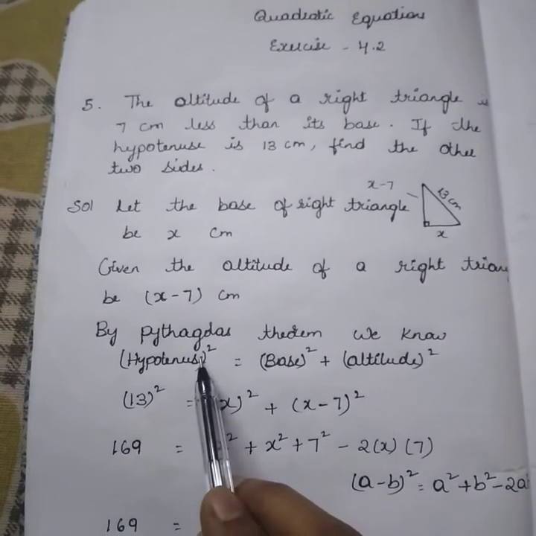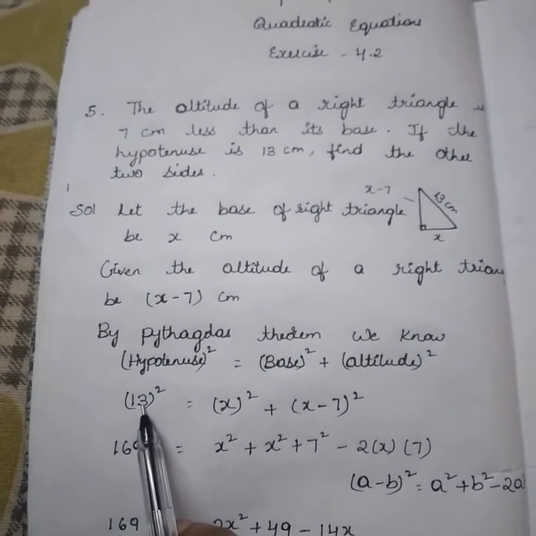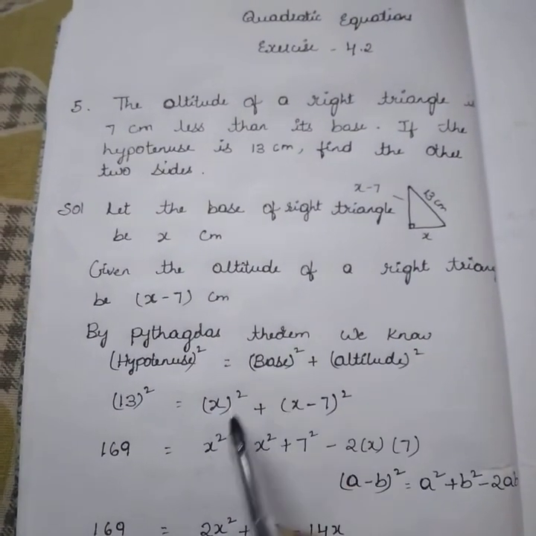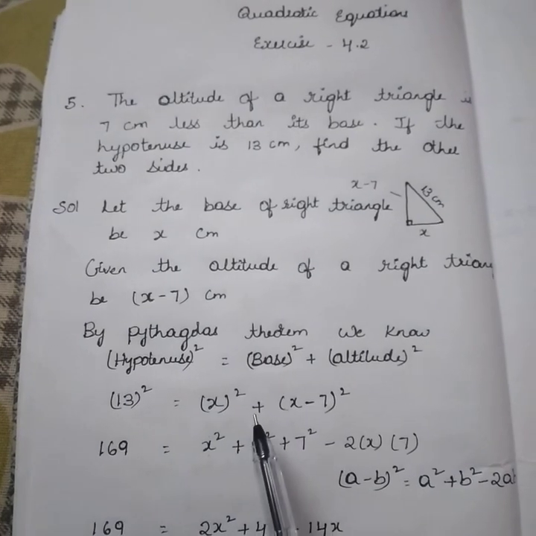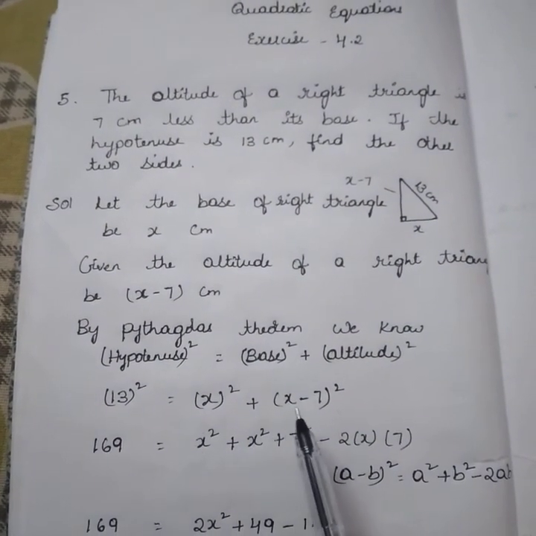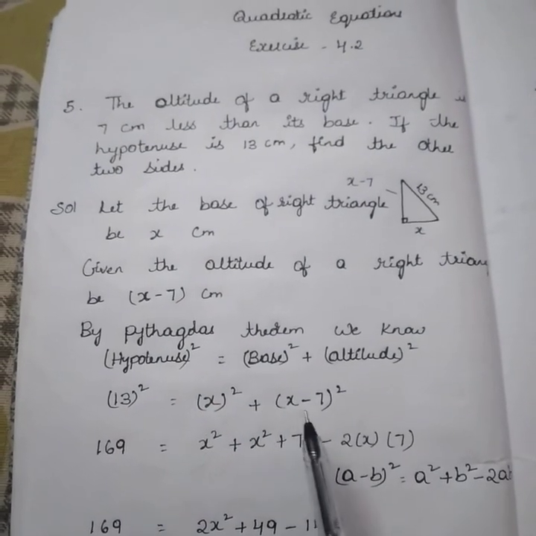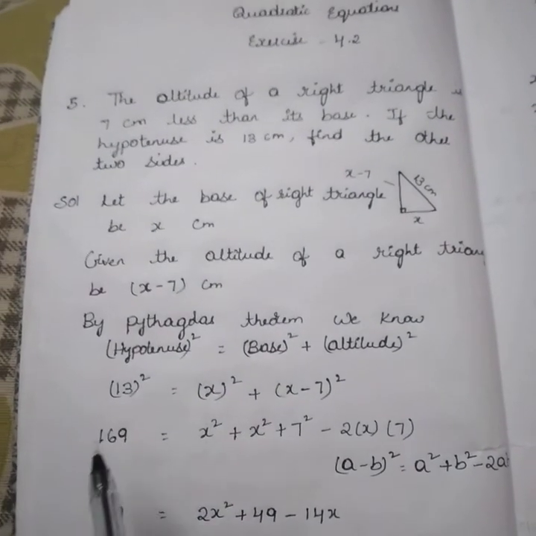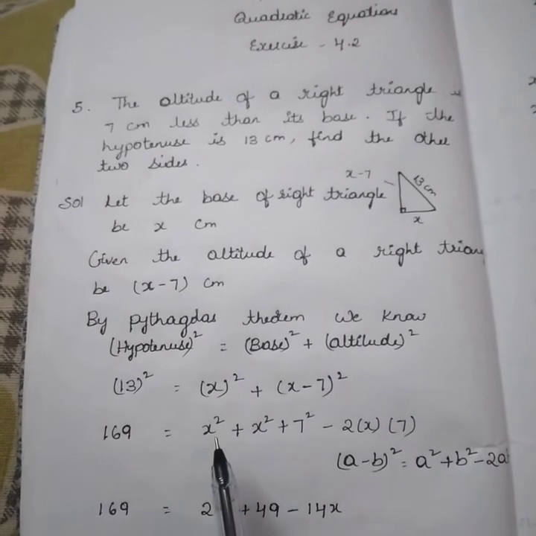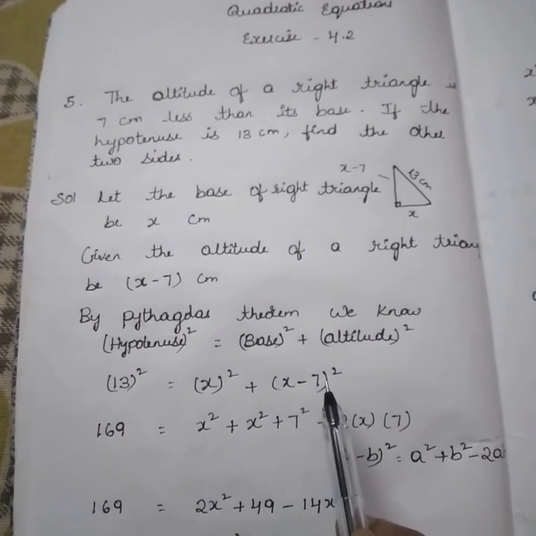Okay, hypotenuse square, that is 13 whole square, is equal to base square, that is x square, plus altitude square, that is x minus 7 whole square. Okay, 13 into 13 is 169 is equal to x square plus x minus 7 whole square.